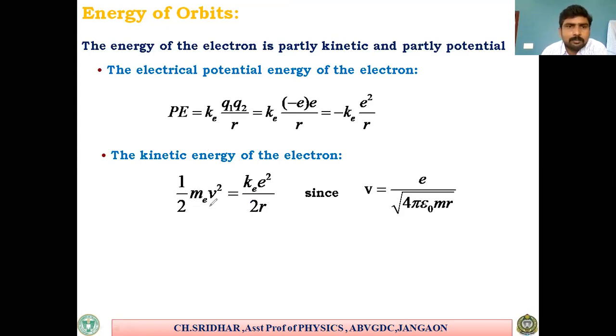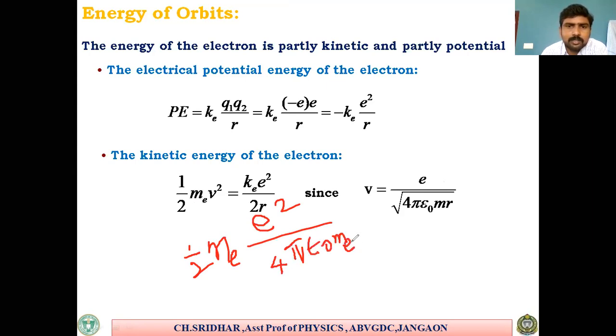So this is half m_e v square. This is half m_e, and in place of v square we may write this. So this is e square by 4 pi epsilon naught into m_e into r.